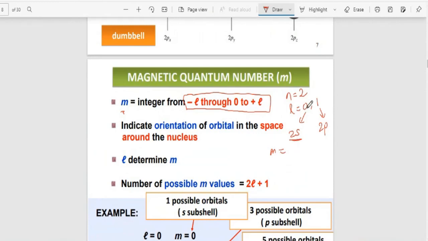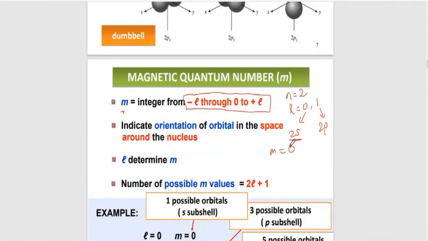L sama dengan 0. Jadi apakah kemungkinan nilai M? Kosong. Pandainya. Yes, 0. Satu je. Yang ini? Positive 1, 0, negative 1. Yes, 3. So that's why P orbital ada 3 bentuk. PX, PY, PZ. Okay? That's why S hanya satu bentuk je kerana dia hanya satu nilai M.